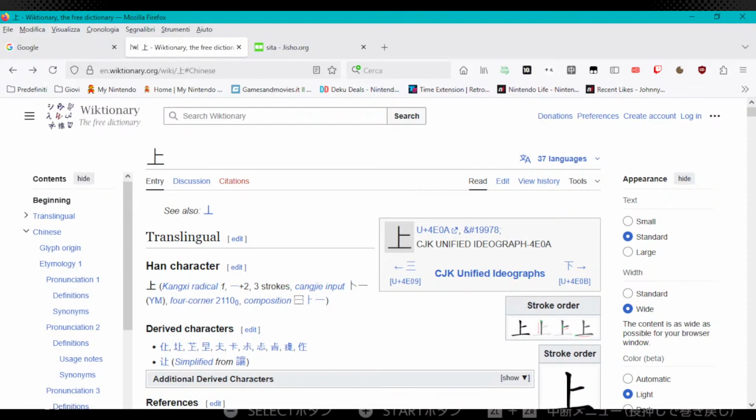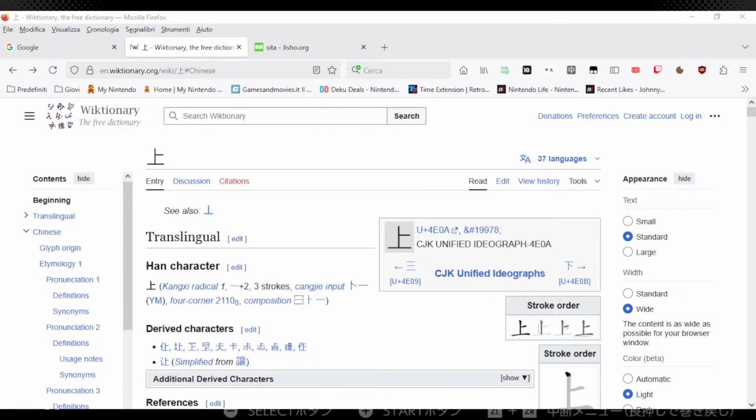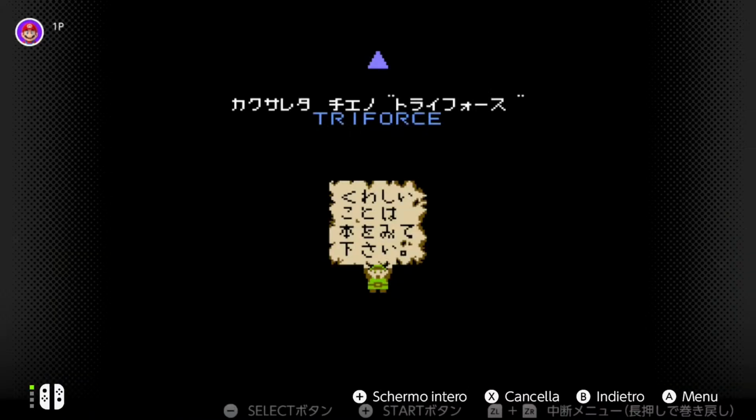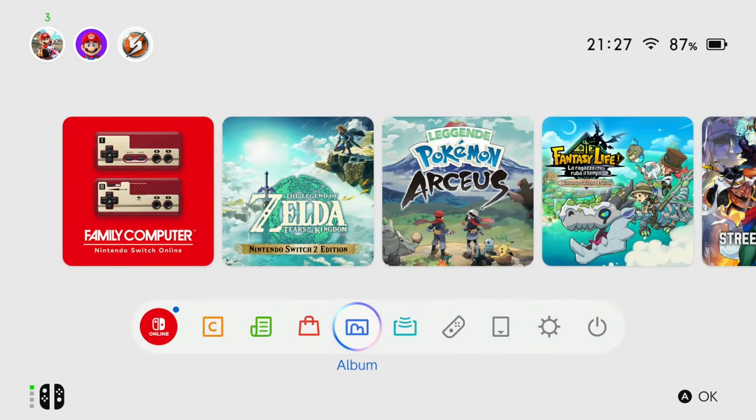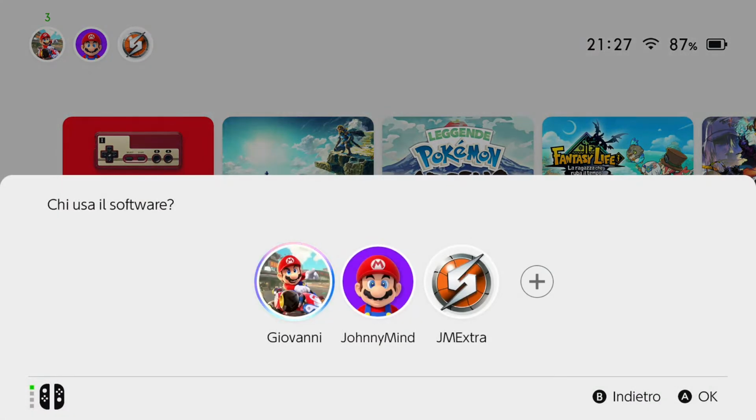Okay, with that we have seen some more basic, we have seen the writing and then the kanji related to it. So we can now go back here and finally start the game.